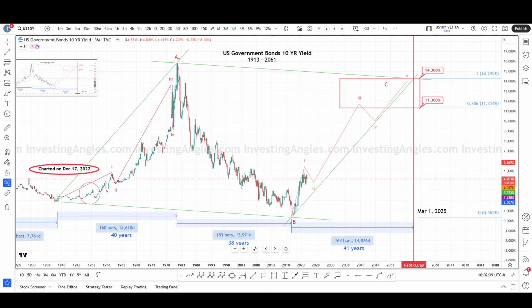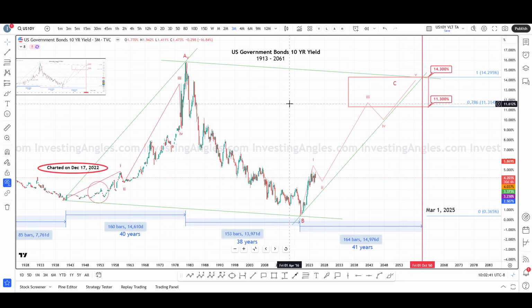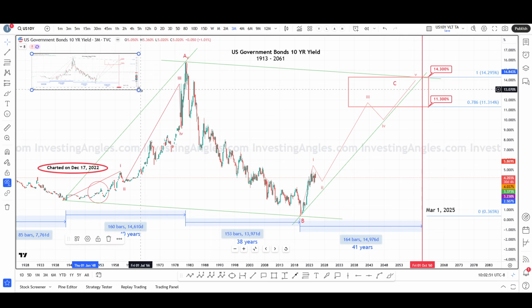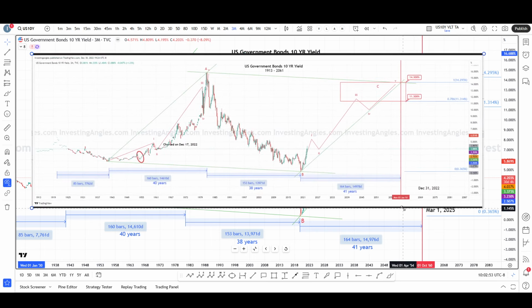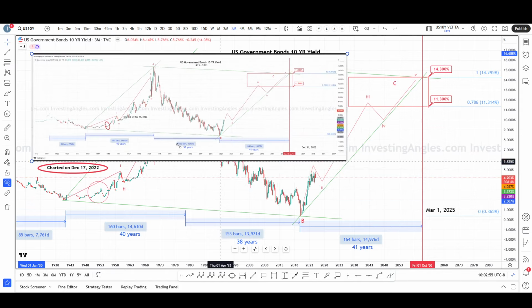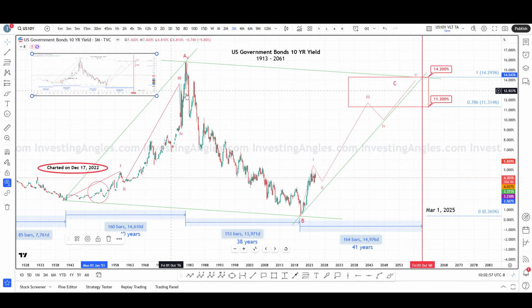Now let's move on to the bigger picture. This is the chart that we've been tracking since the end of 2022, and as I said, this was the original chart that we outlined, and it hasn't changed since then. Wave 1 is complete. Now the bonds are developing wave 2 here.